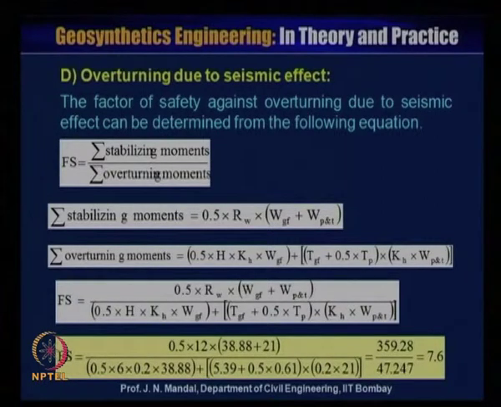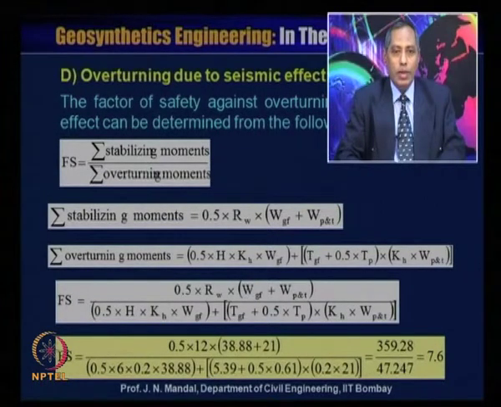Now, summation of stabilizing moment is equal to 0.5 into RW into (WGF plus WPT). You know that RW is the base width of the pavement, WGF is the weight of the geofoam material, and WPT is the weight of the normal pressure and the traffic load, which is given.